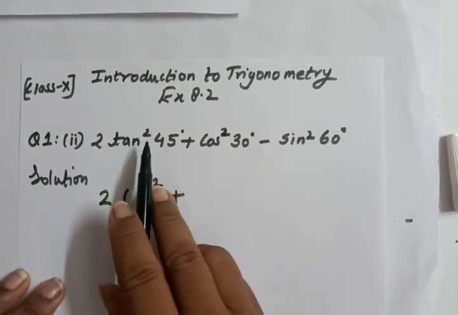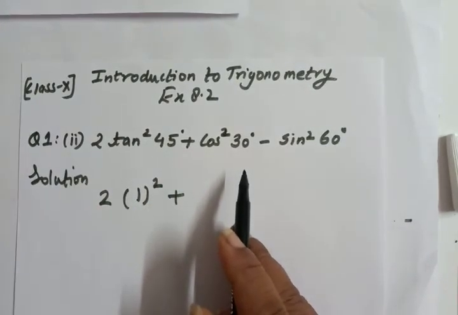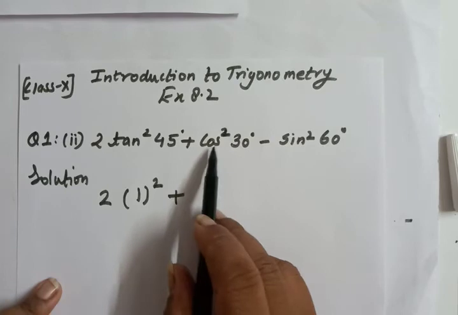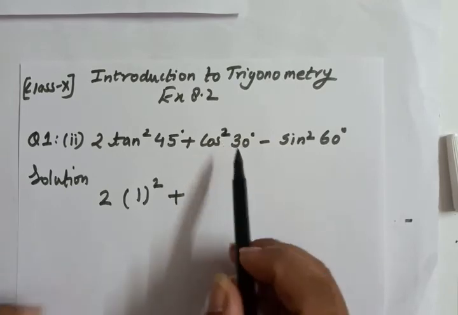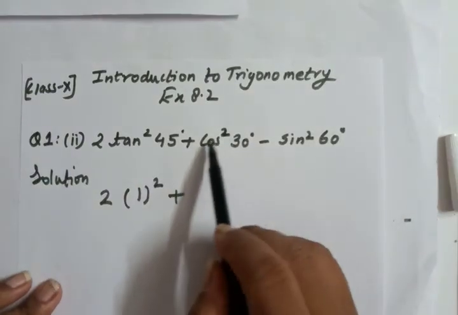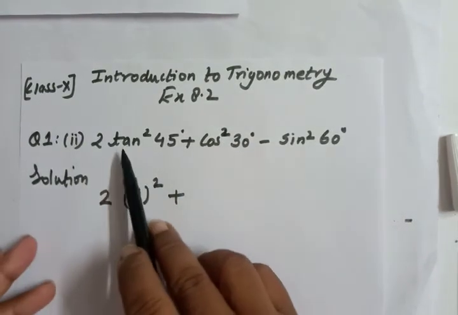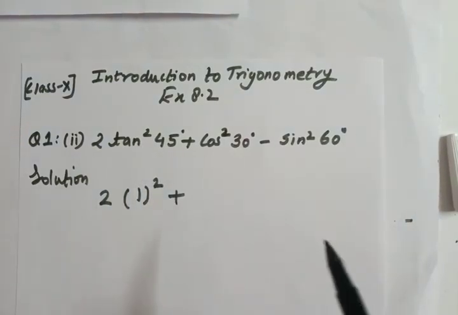If a square is not there, you will not do the square, you will simply put the value. Cos square 30 means cos 30 whole square. So don't be confused if it is written cos square 30 or whatever; if tan square 45 is written, it means tan 45 whole square also.